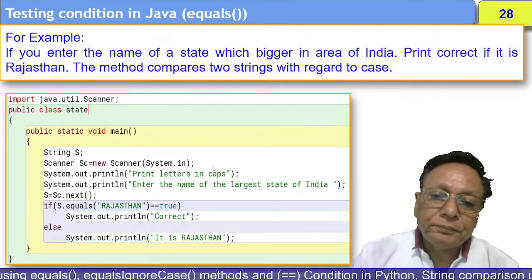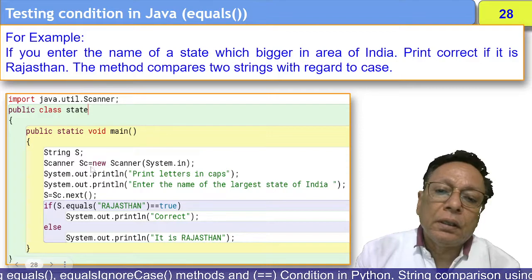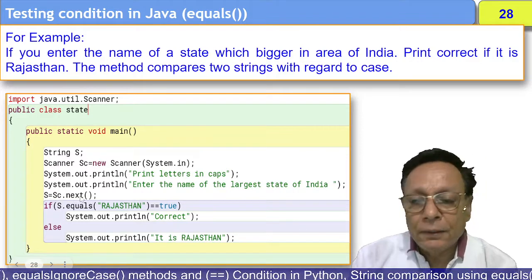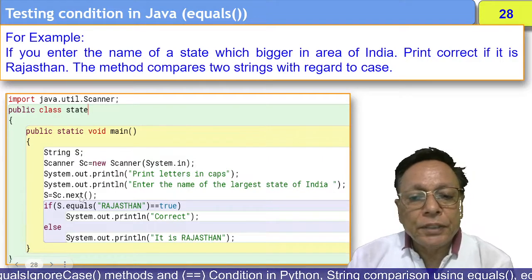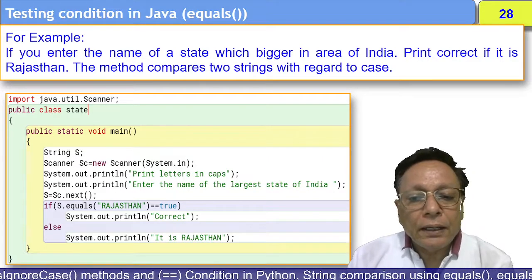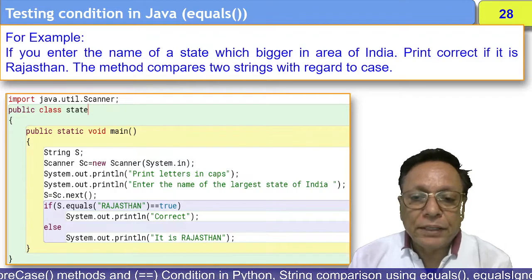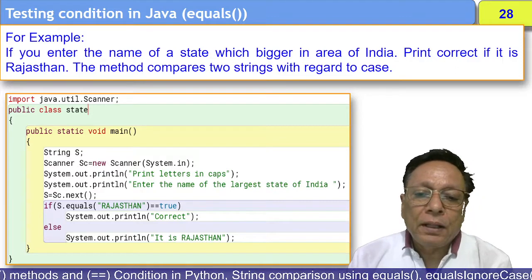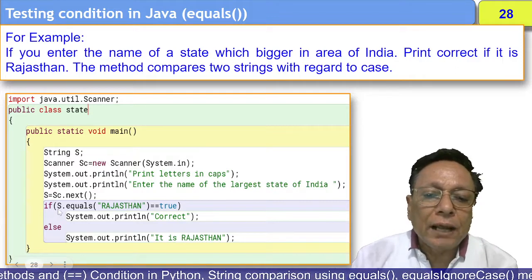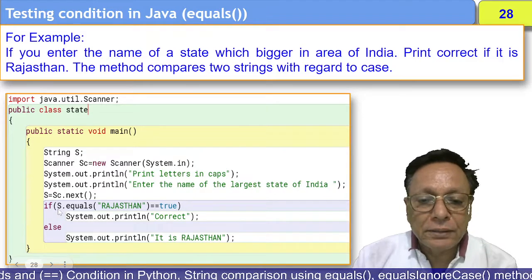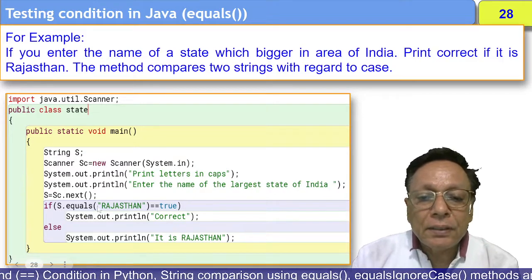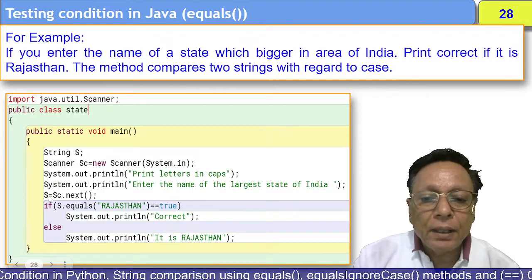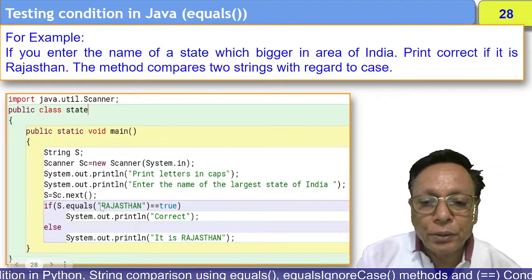I have used a scanner object, and with the help of the scanner object I enter the state name. If I enter Rajasthan in capital letters, then S will have Rajasthan in capital letters, and it compares this entered string in S with the string with which I am going to compare it.